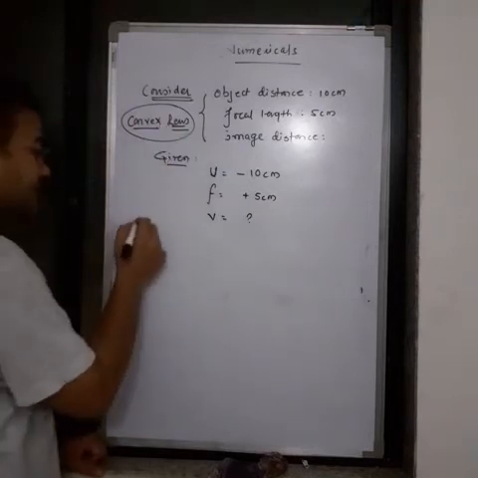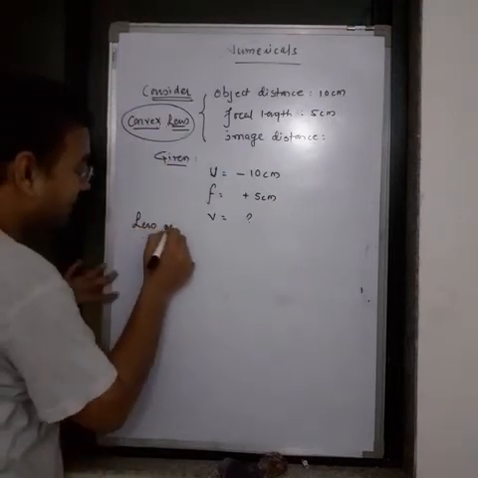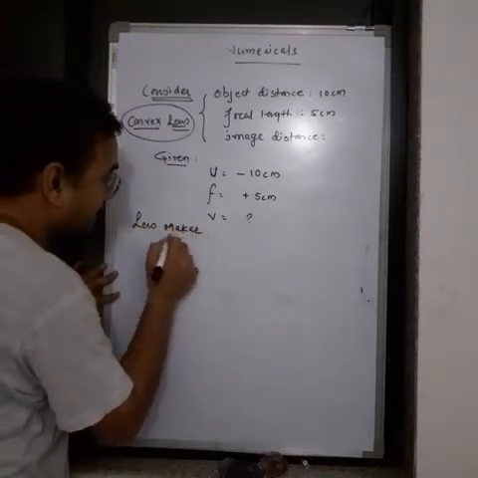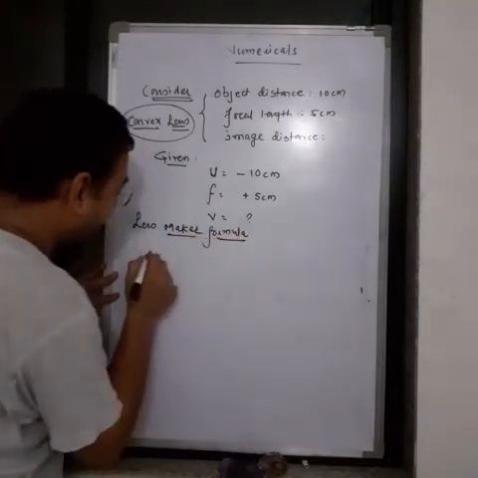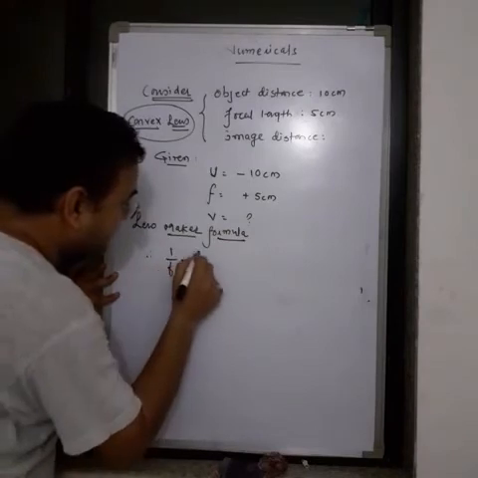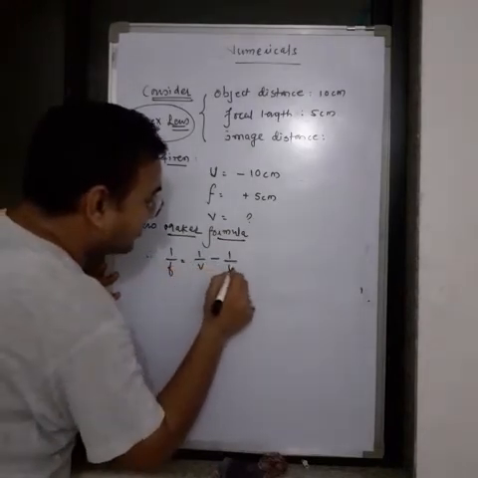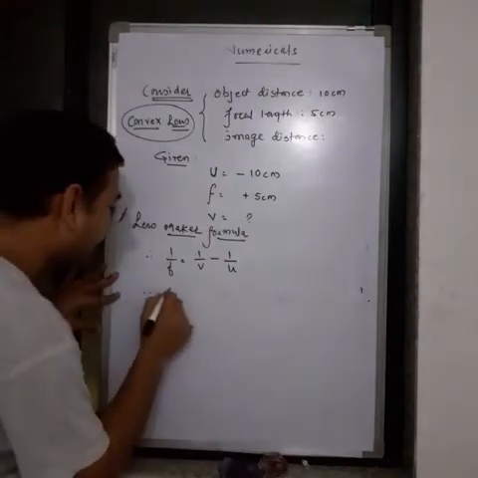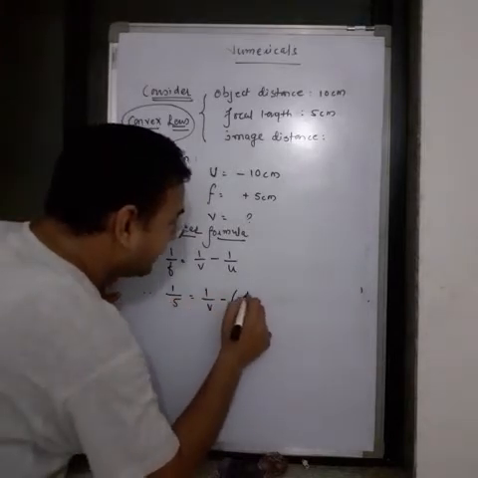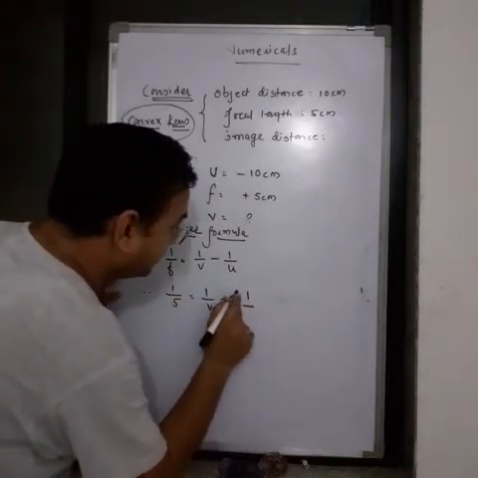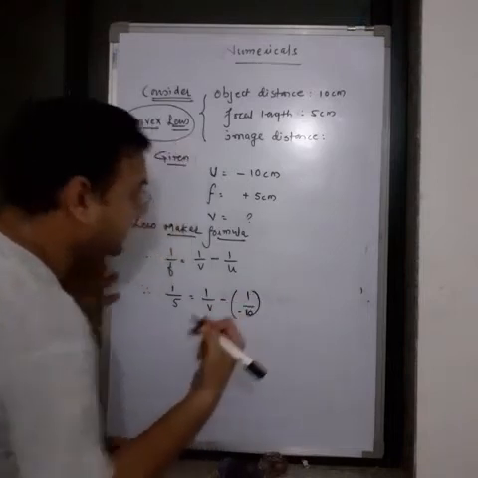Here, due to the lens, we are going to use the lens maker formula. I hope you know it very well. 1 upon f is equal to 1 upon v minus 1 upon u. Let's put in the values: 1 upon 5 is equal to 1 upon v minus 1 upon minus 10.